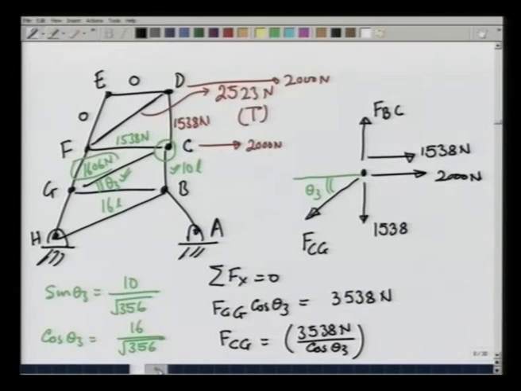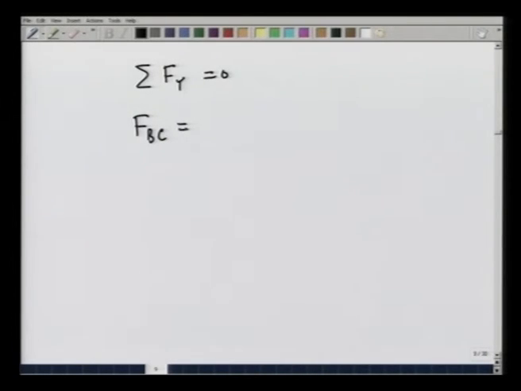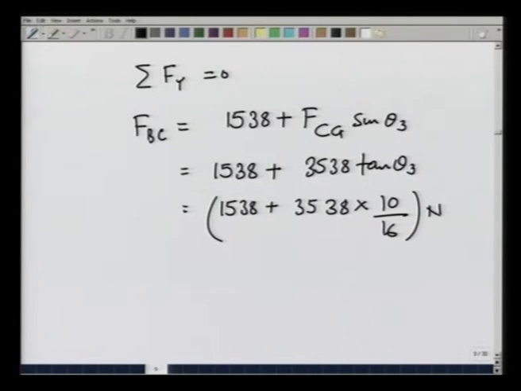Once I have known that, I can also calculate Fbc by saying that summation Fy equals 0, and that in this case gives me Fbc equals 1538 plus Fcg sin theta 3, which is 1538 plus 1538 tangent of theta 3, which is nothing but 1538 plus 1538 times 10 over 16 newtons, which is approximately 1538 plus 961, which is 2499 newtons, and is pushing point B up, and therefore, this is compressive.